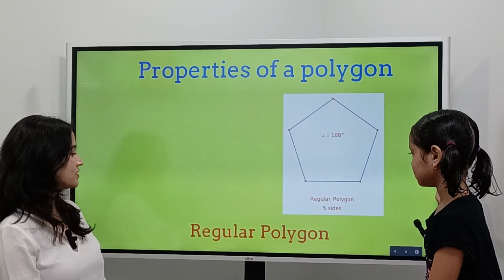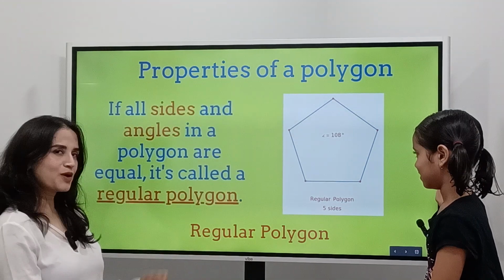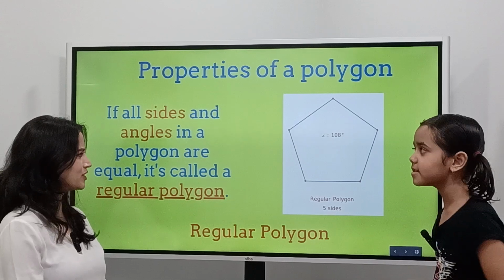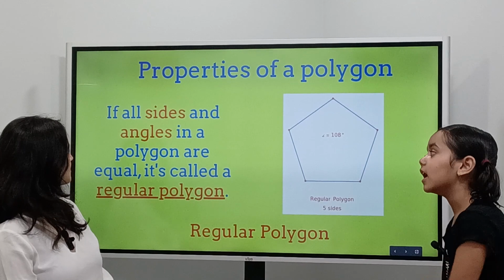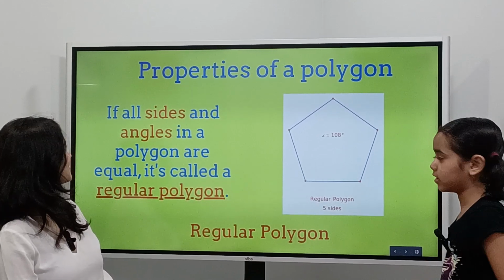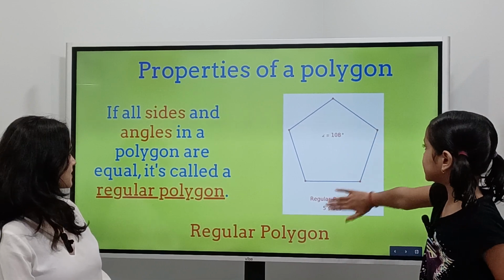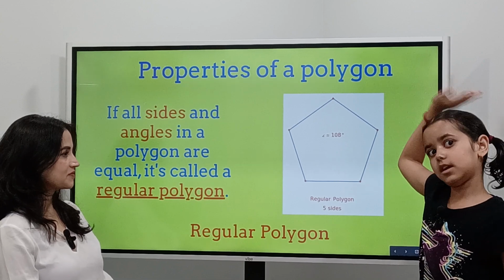The fourth property of a polygon is regular polygon. What do you mean by that? A regular polygon, its sides and angles are equal. It's called a regular polygon. So all these sides have to be equal. So they're all 108.